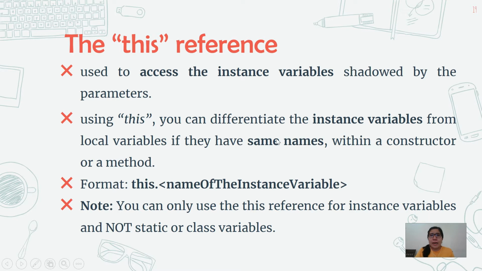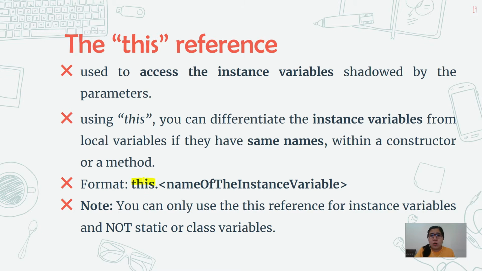So kumbaga, kung gusto natin gumamit ng iisang variable name lang or iisang identifier name lang at gusto nating i-differentiate yun sa na-i-declare na attribute or sa na-i-declare na instance variables, yun ang gagamitin natin, the this reference.